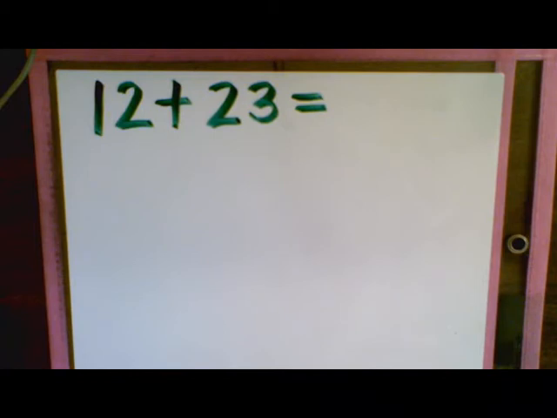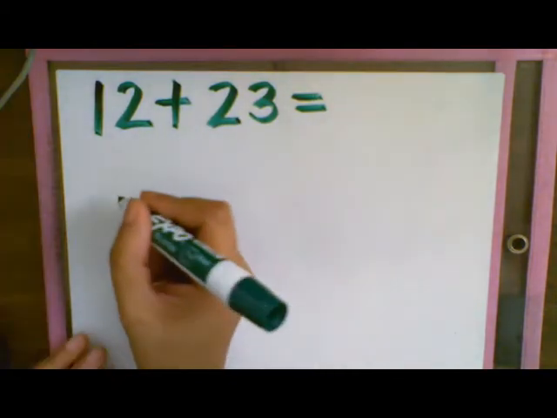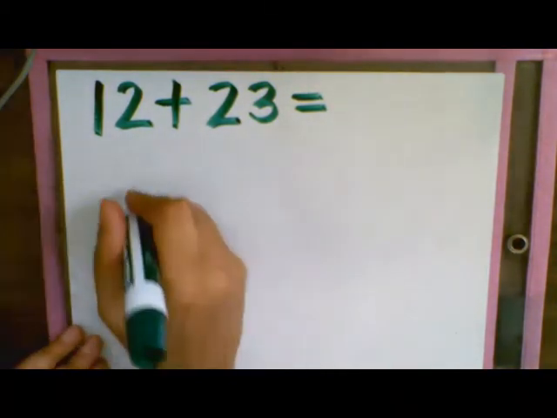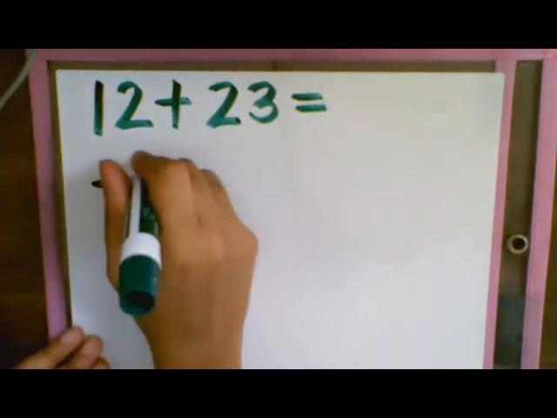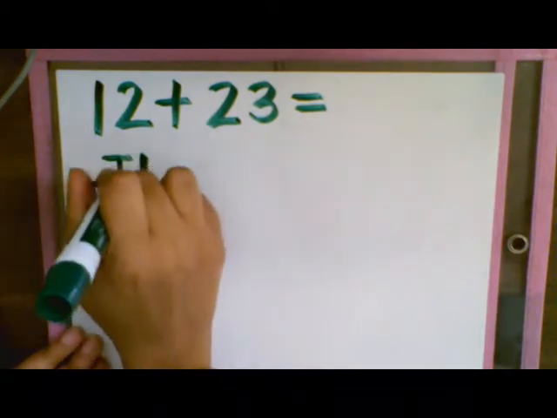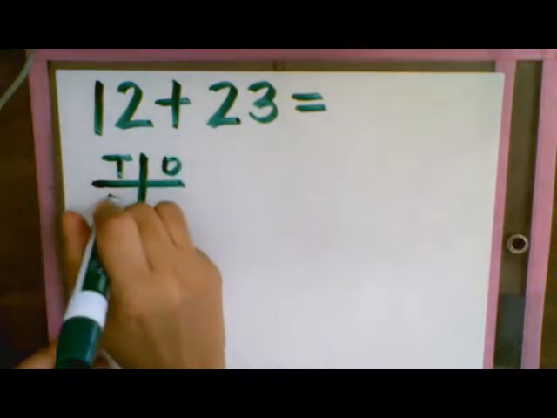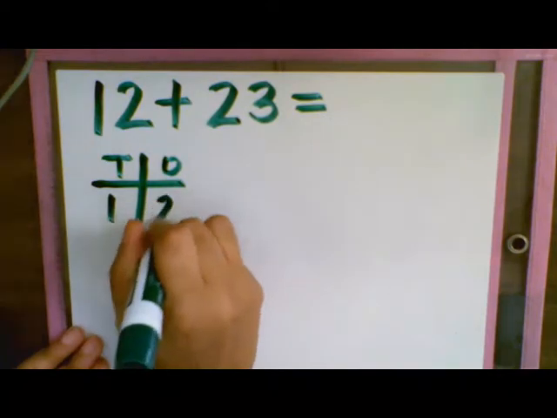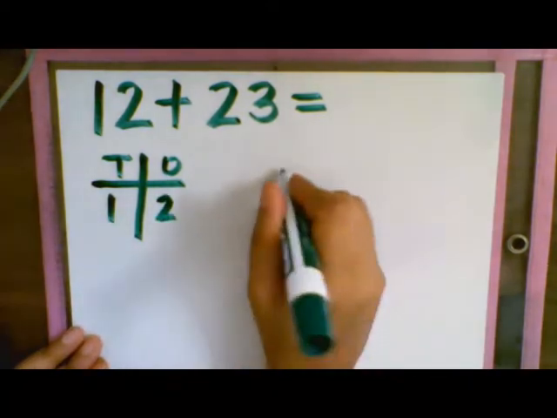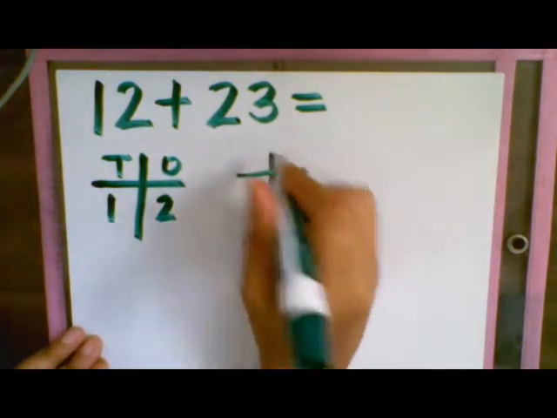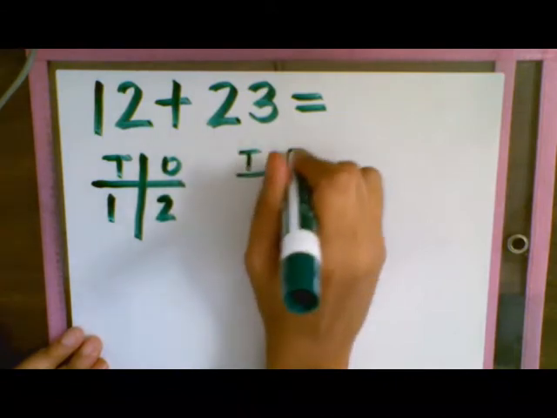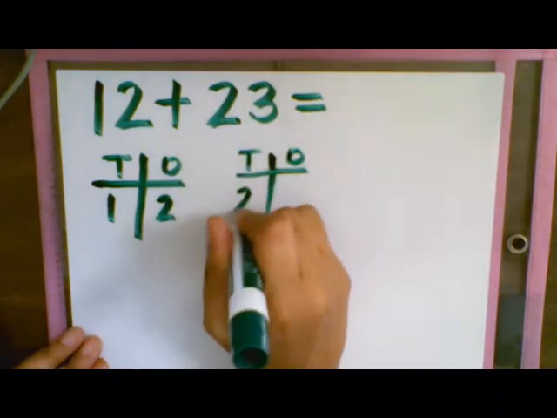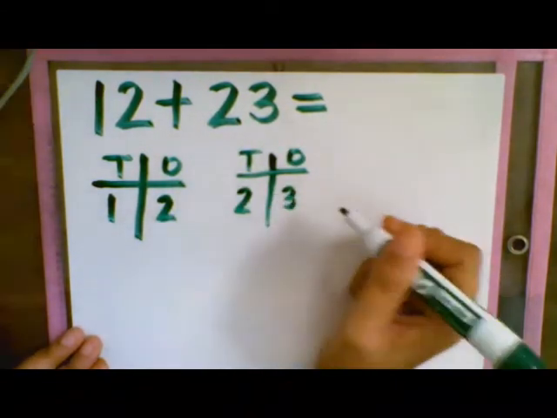So our first problem here says for us to find 12 plus 23. So again, if we are looking at place value, just to recap, the number 12 has 1 ten and 2 ones. The number 23 has 2 tens and 3 ones.